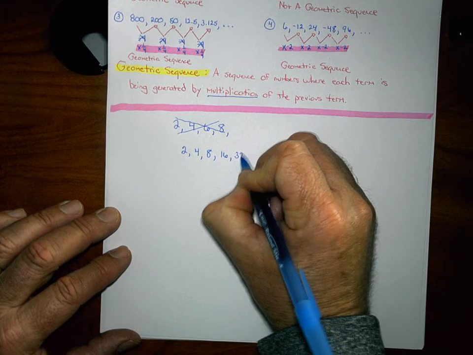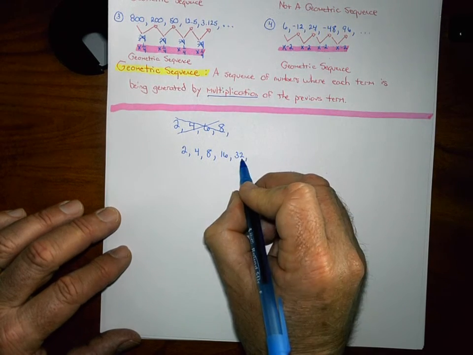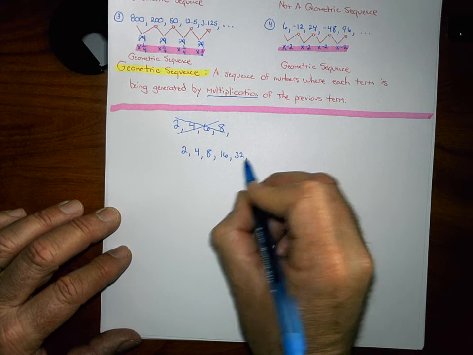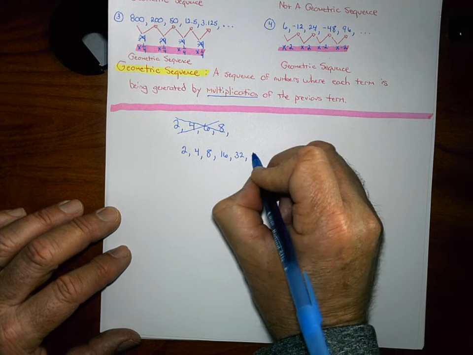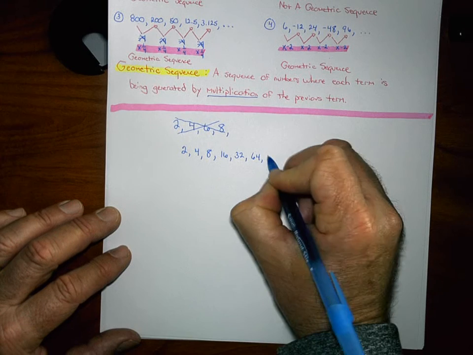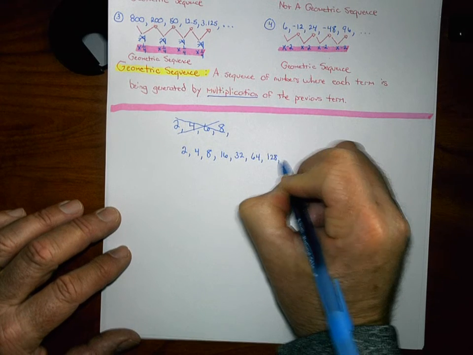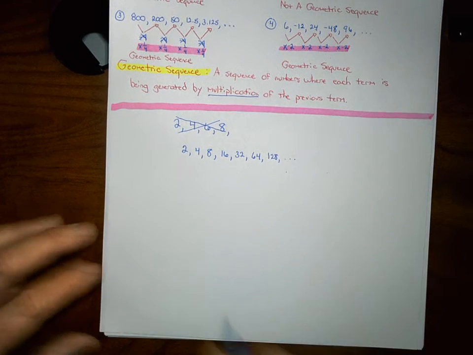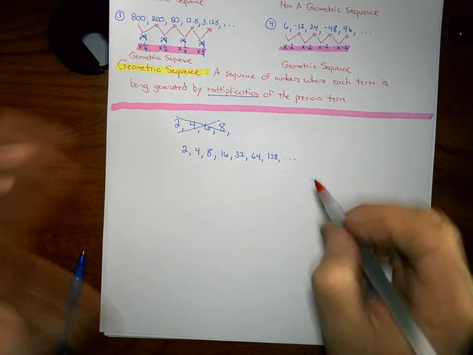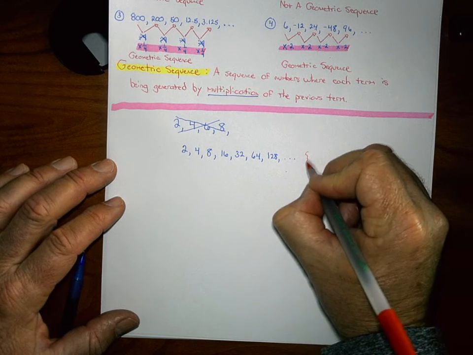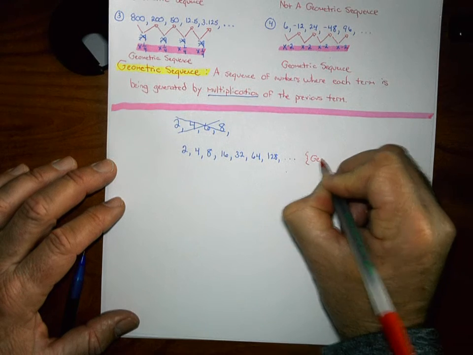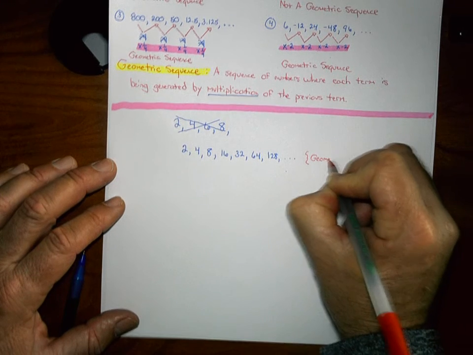Good. Okay, and then if I wanted to keep going, I would have 64, 128, and so on. Okay, so this right here, hopefully we all agree, this would be an example of a geometric sequence.